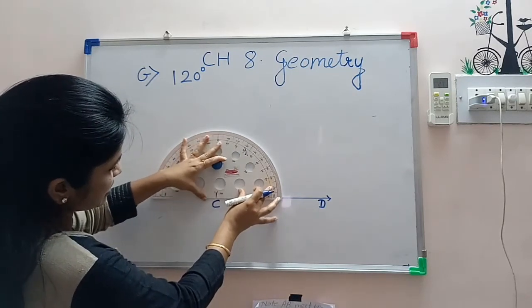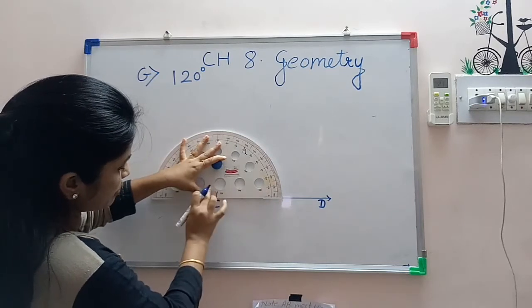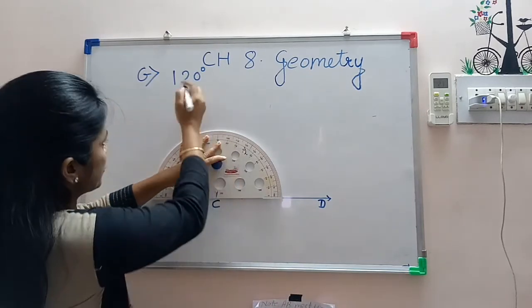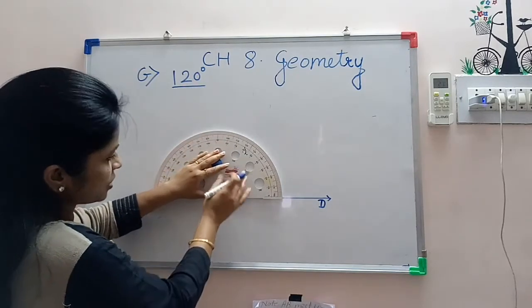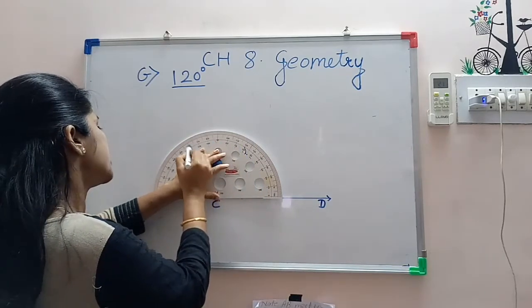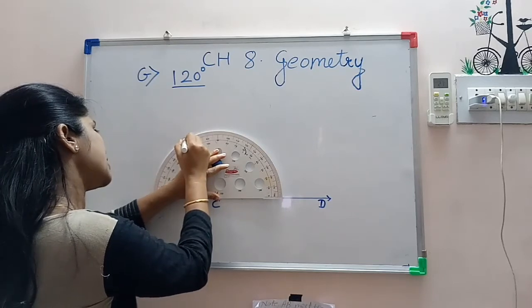After that, this CD meets the 0 degree point on the baseline along the inner scale. Now we have to mark 120 degree. Now see the inner scale. Now here is 120 degree. So we will mark here.